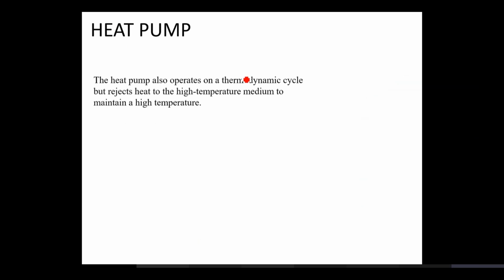Very good. So essentially, a heat pump is a device which operates on a thermodynamic cycle. It rejects heat to the high temperature medium to maintain a high temperature. So it's working like a heater. It is basically giving you heat.